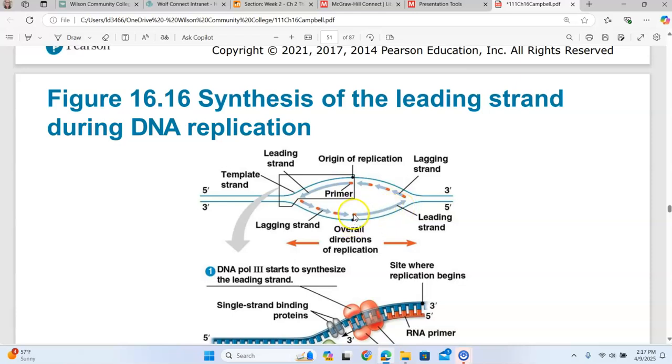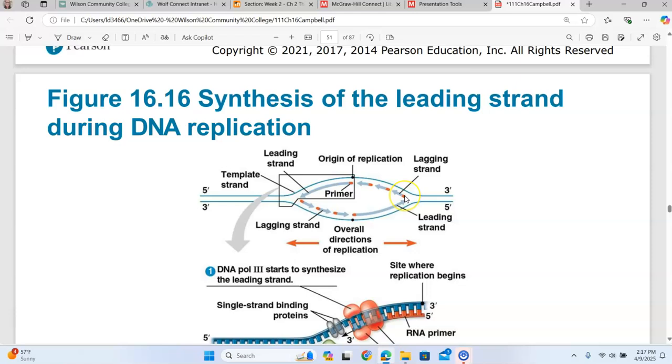If this is the origin of replication, this is the leading strand, from here to here. And the lagging strand is running in the opposite direction, 3' to 5'. You see its 3' end is here and its 5' end is here.